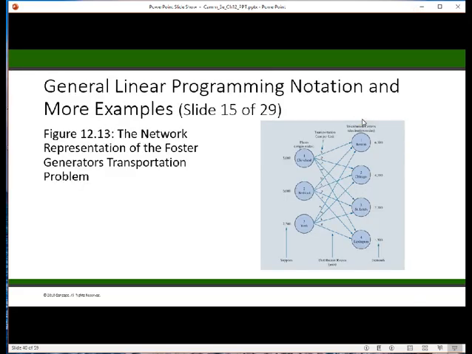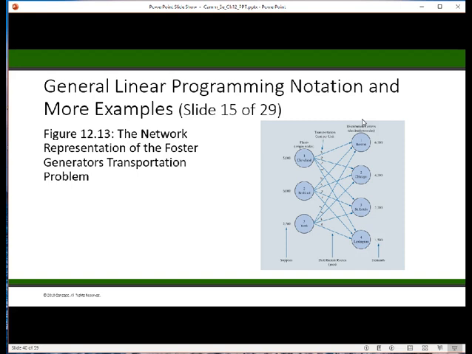and this slide shows graphically the 12 distribution routes Foster can use, and such a graph is called a network. The circles are called nodes, and each origin and destination is represented by a node. The lines connecting the nodes are arcs, and each possible shipping route is represented by an arc.